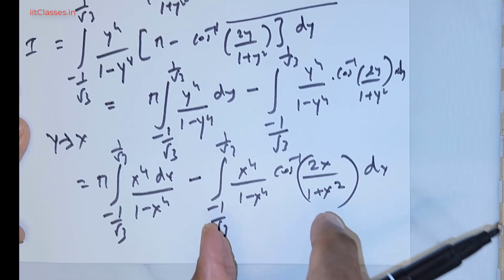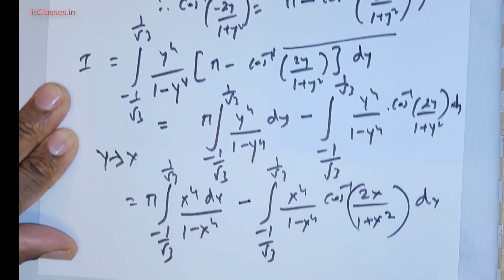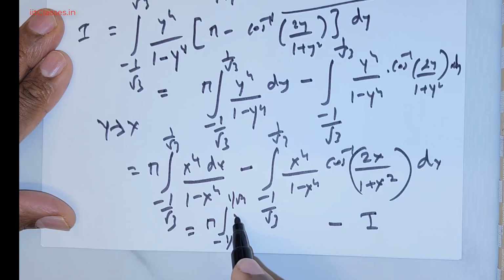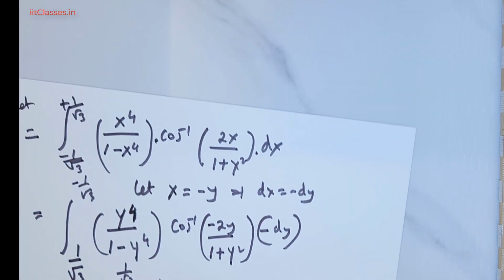Now check this with the given quantity. Are they not the same? So I'm going to replace this as negative I, and you have pi times the integral from negative 1 over root 3 to positive 1 over root 3 of x to the power of 4 dx divided by 1 minus x to the power of 4. Of course you have I on the left side, so I'm going to push this to the other end.